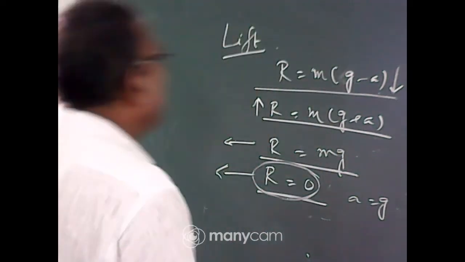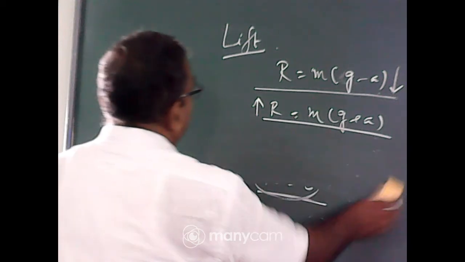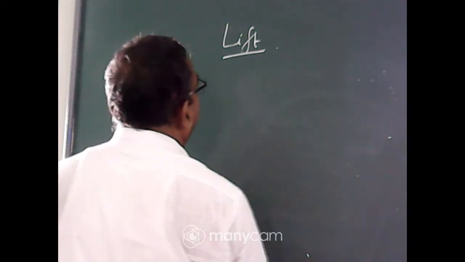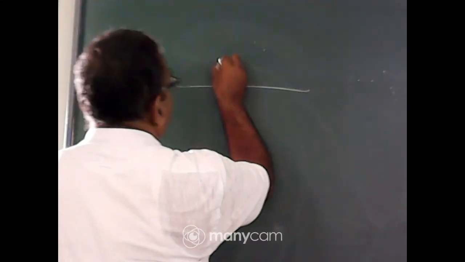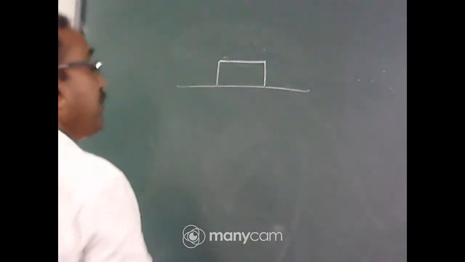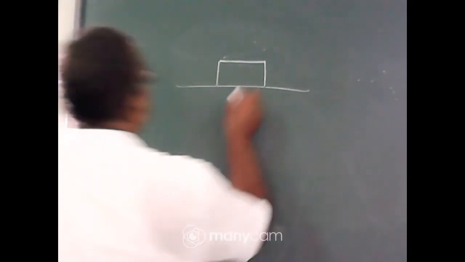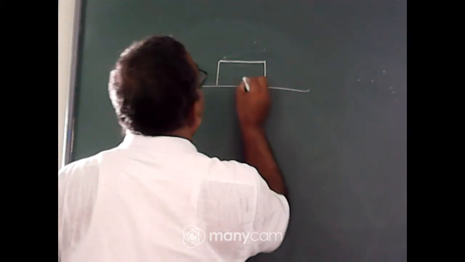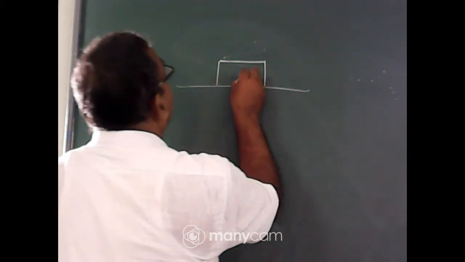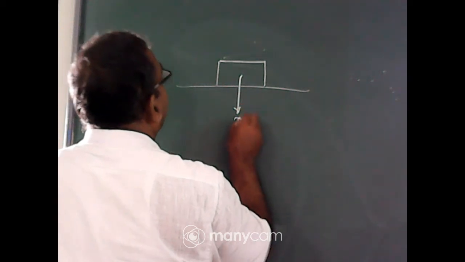And the next part is friction. It is also not directly in your syllabus, no explanation. You only need the elementary idea of friction. Suppose you consider an object placed on the surface of a table. If the mass of this object is m, the weight of this object is mg.